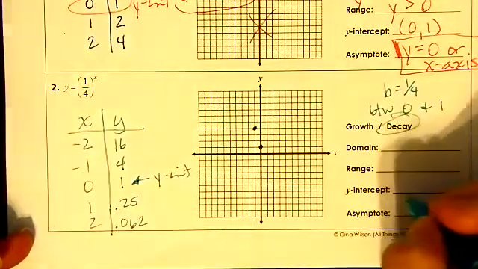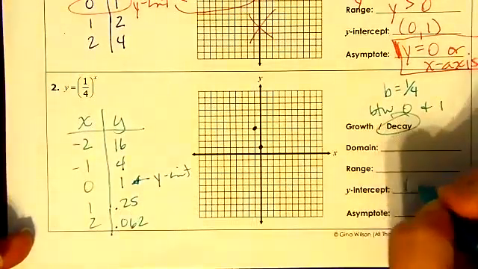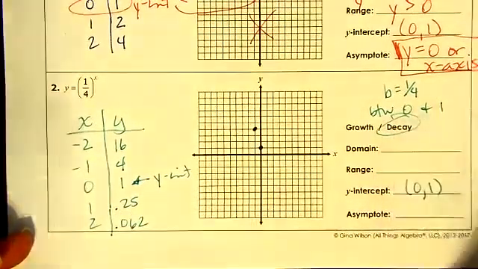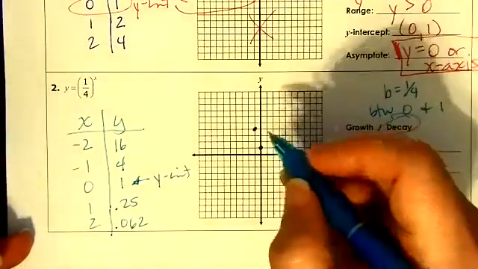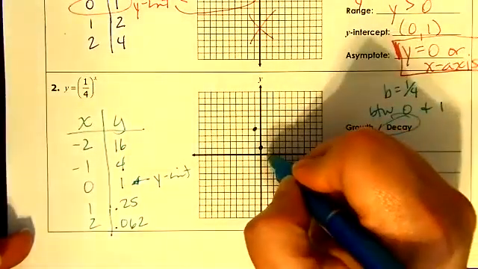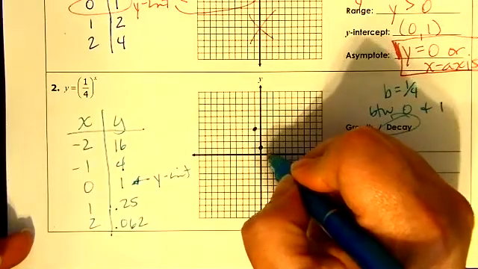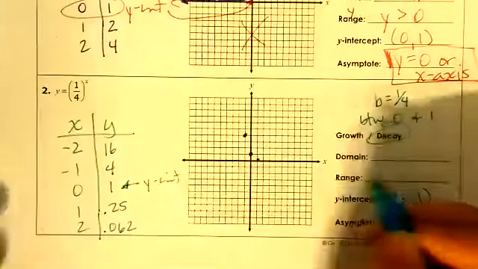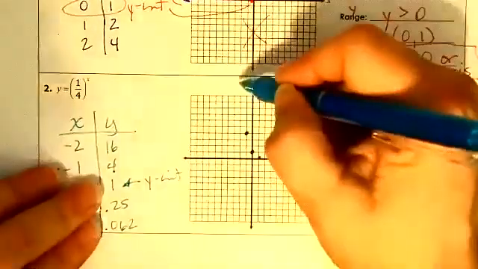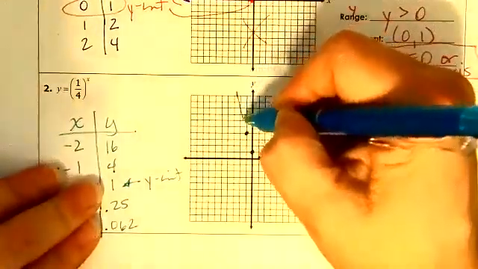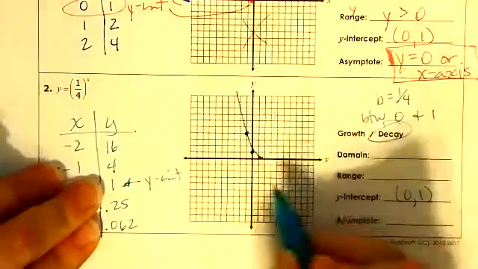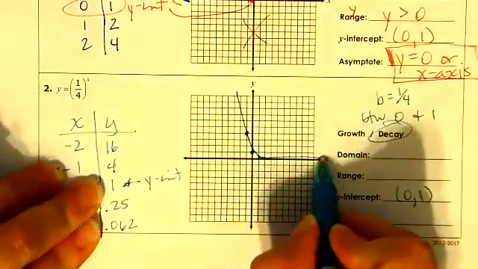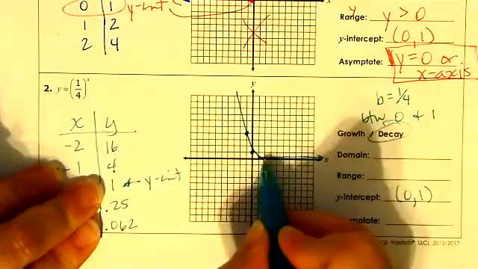Write myself a little note. I can say 0, 1. Now I've got 1, 0.25. That's going to be like right there. And then 2, 0.0625. So it's coming down this way, but it's actually never going to intersect the x-axis.